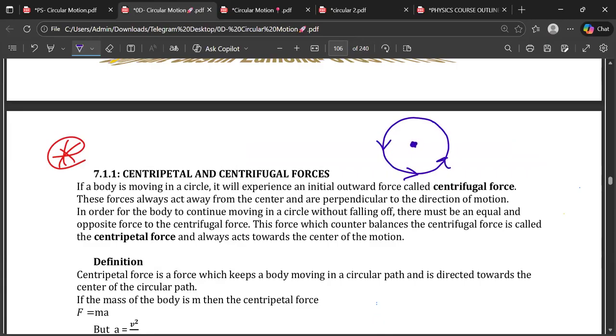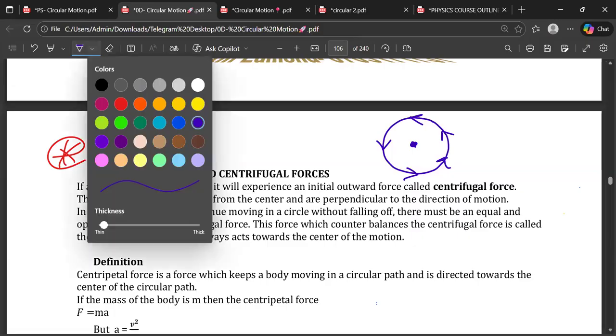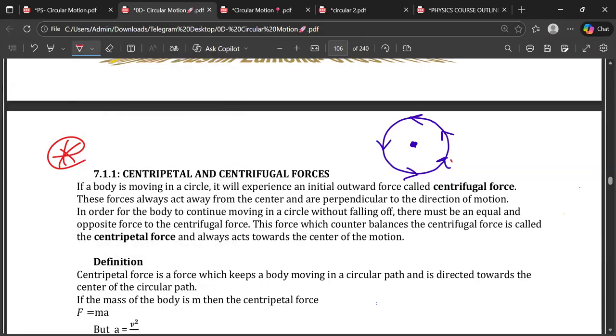As speed increased, you used to feel a certain force that pushes you outside, as if it is pushing you outwards of the circular motion. Do you recall that force?